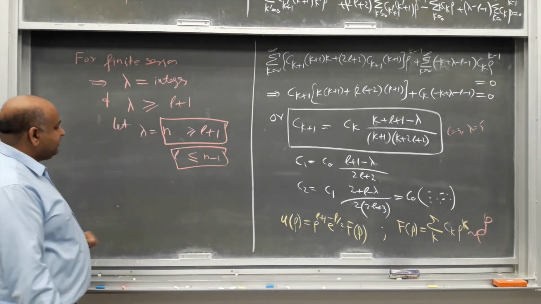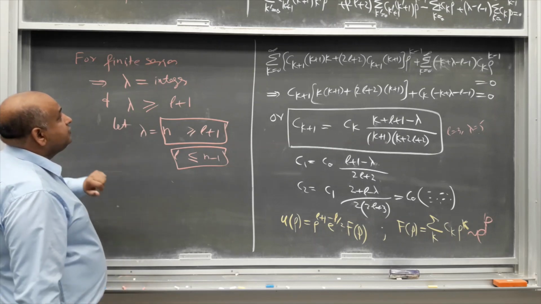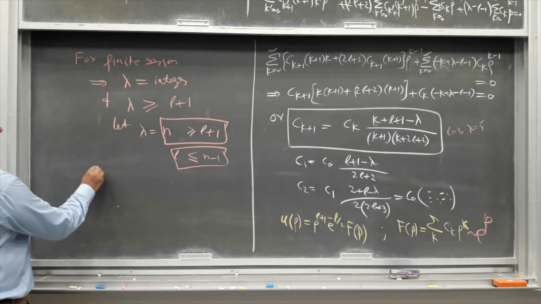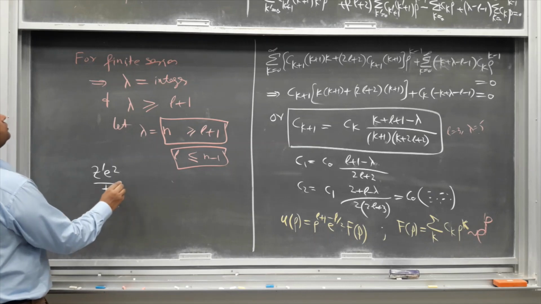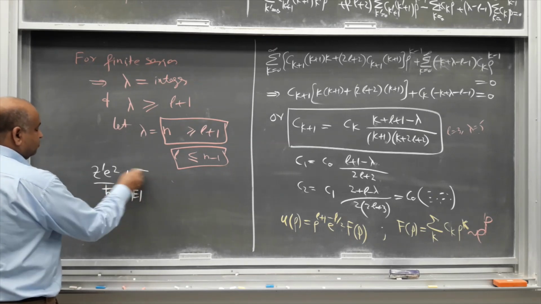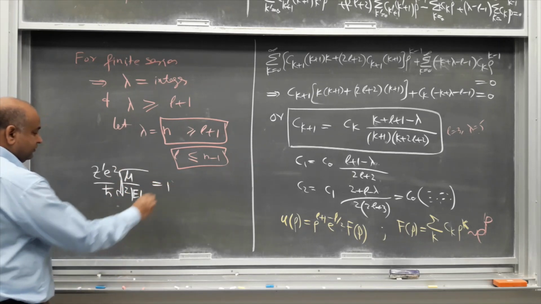So if lambda is n, I can now quickly compute my energy as well, because lambda was Z prime e square over h bar, square root of mu over 2 E mod. So this is equal to n.